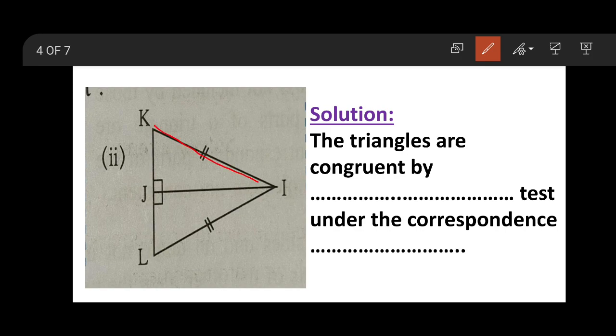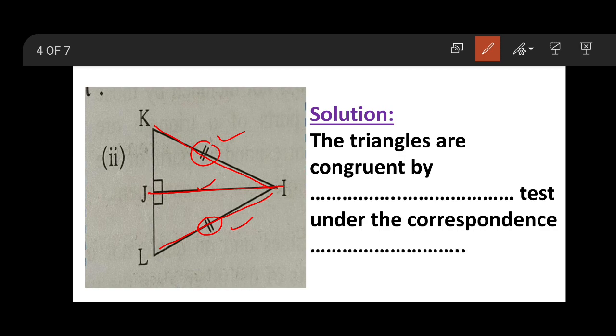This is your hypotenuse, this is your hypotenuse, with the identical marks. You can say that these hypotenuses are congruent. Again, this one side is common for both the triangles. It means this is also congruent. So hypotenuse and one side are congruent. It means these two triangles are congruent on the basis of hypotenuse side test.